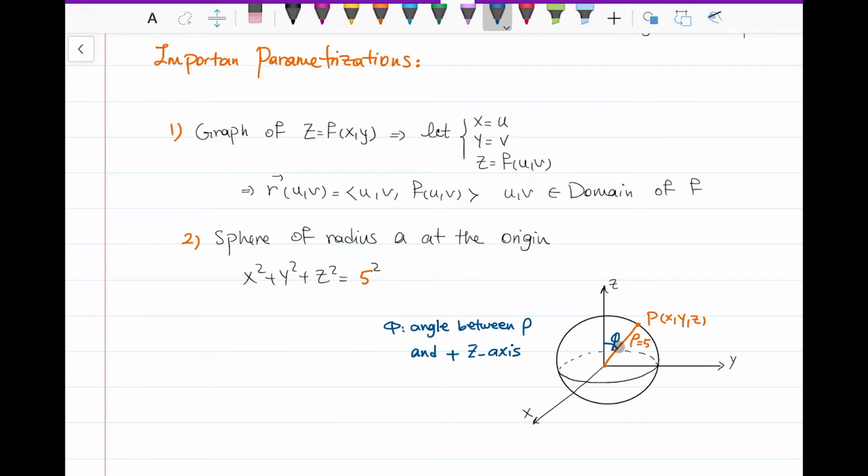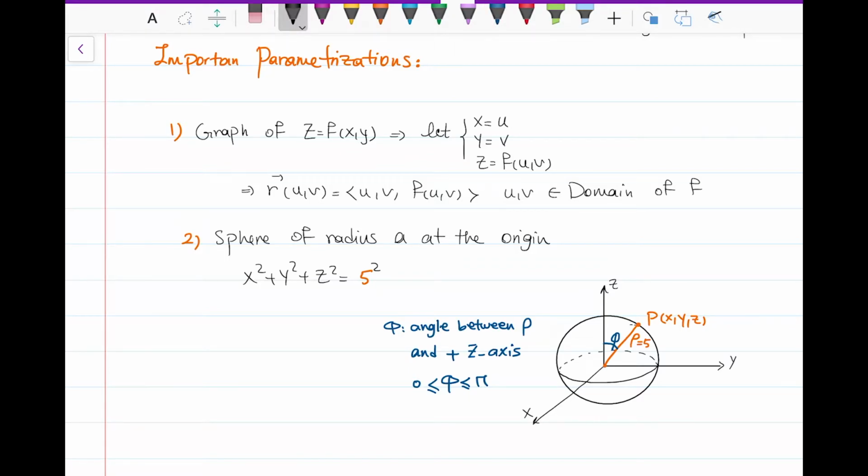As you see, phi could be between 0 and pi, because if the point P is here, then phi would be on this side, and it would still be between 0 and pi. So phi is between 0 and pi.